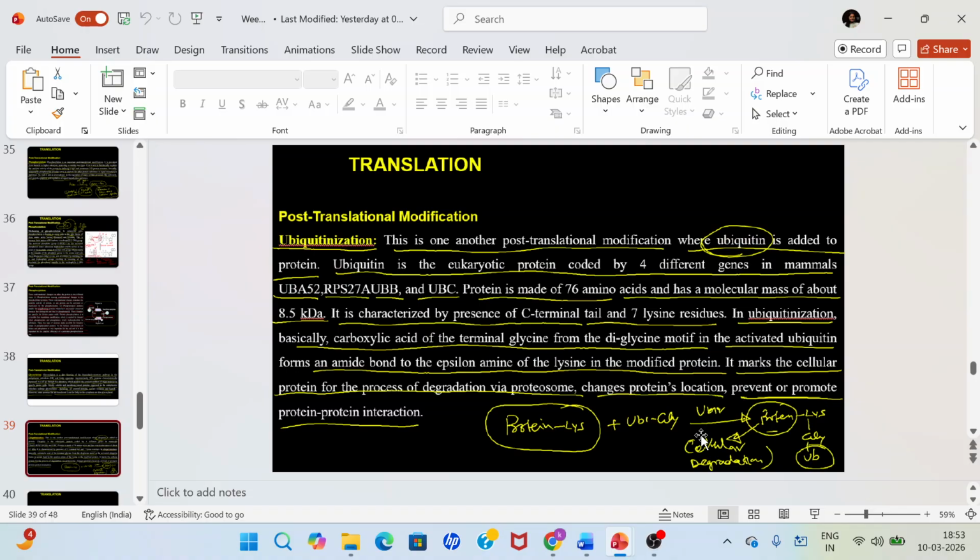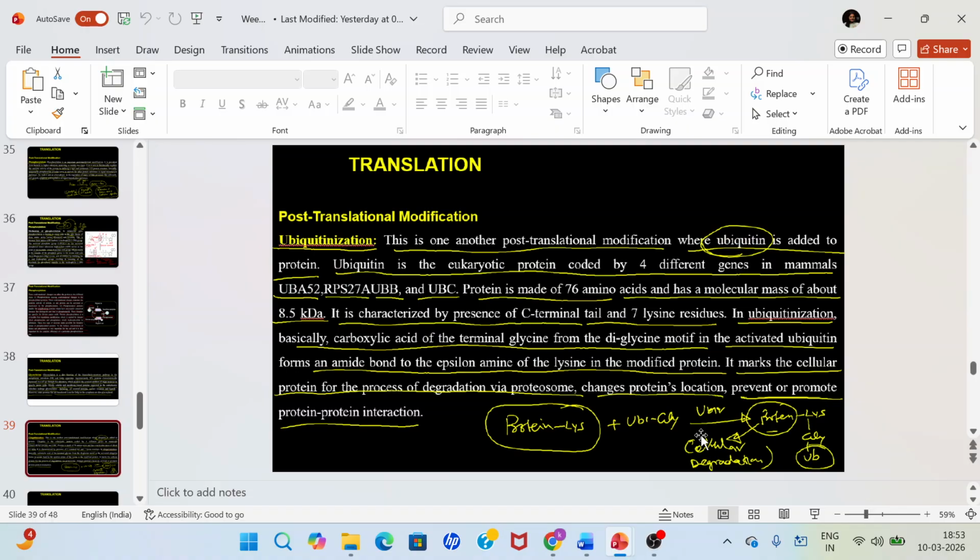So, depending upon that and depending upon the process through which the ubiquitination occurs, there are 4 different genes in mammals that code for ubiquitin. The protein is made up of 76 amino acids and has a molecular mass of about 8.5 kilodaltons.